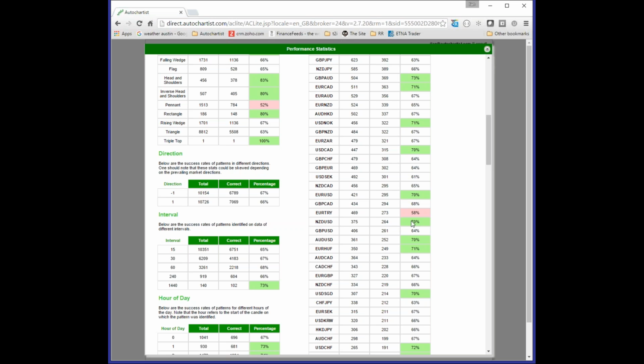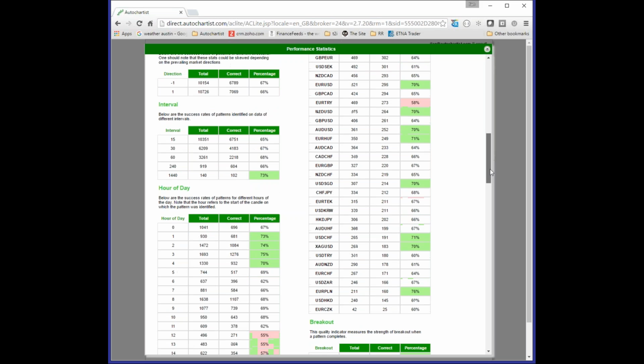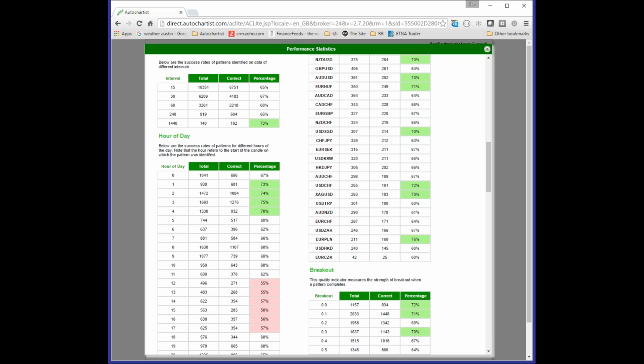NZD USD 70%. So some pretty major pairs over here. AUD USD over 70%. USD Swiss franc 72%.